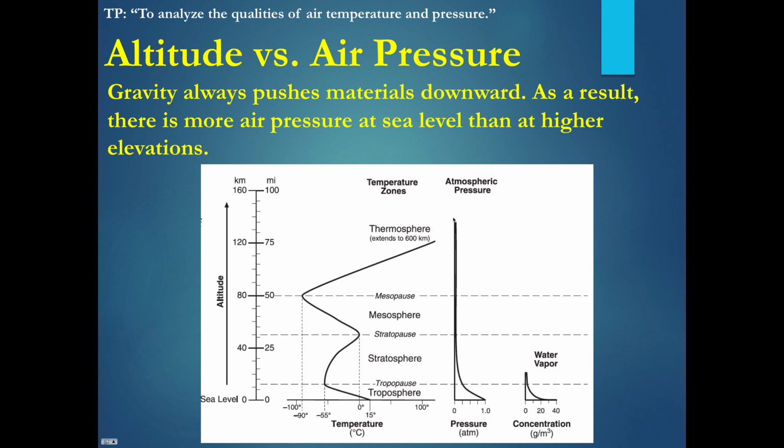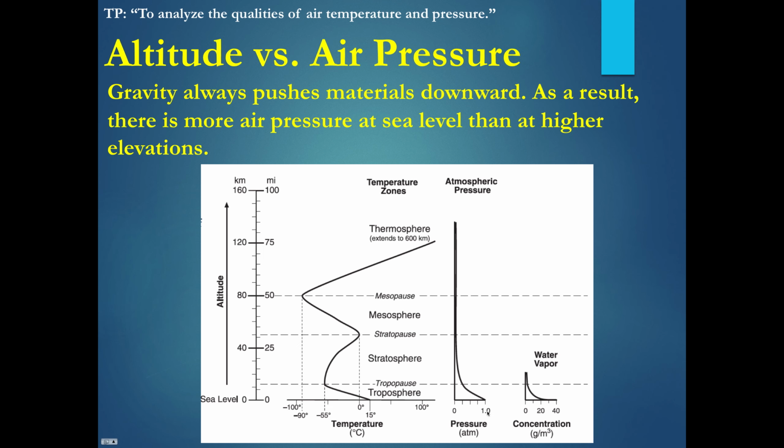All right, so since gravity is always pulling things down, on this graph we have at sea level one atmosphere of air pressure. The higher you go in the atmosphere, my air pressure lessens.